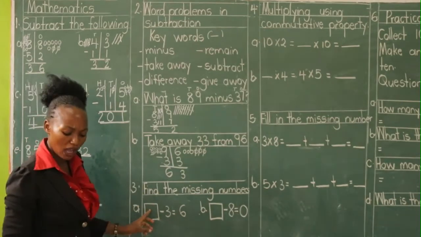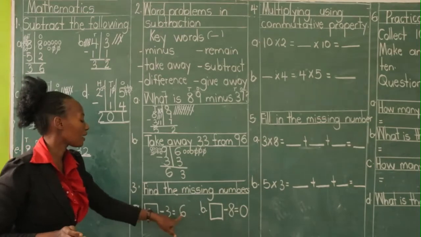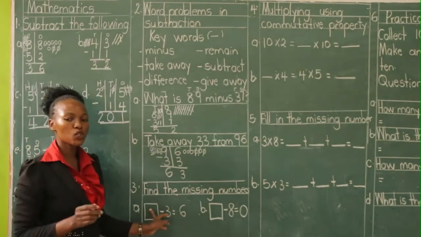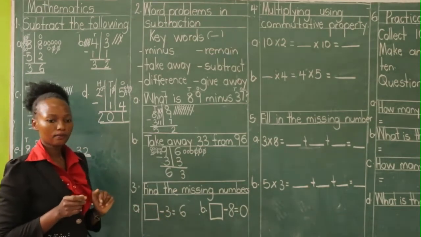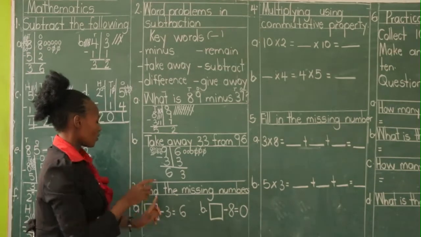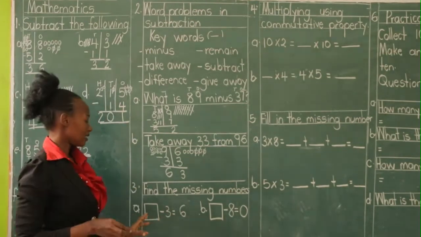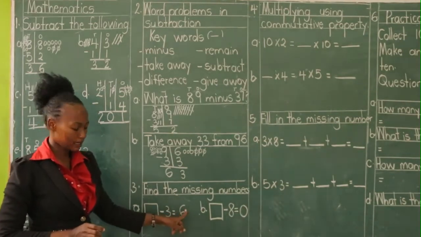When you have a number which you don't know, you take away 3, you will get 6. It means that this number is supposed to be bigger than this, so that when we take away this, it gives us this answer. The number which I don't know, I take away this, I'll get this.